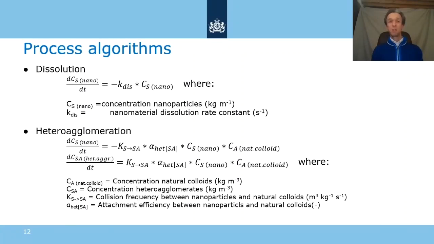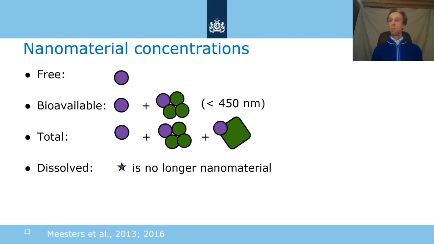These are two equations, one describing the change in concentration in time of the nanomaterial, or the change in concentration in time of the heteroagglomerate. Now, basically what the model describes are three different particulate concentrations: those of the nanomaterial, those of the natural heteroagglomerate with the nanomaterial attached smaller than 450 nanometers, which when you look at the bioavailable concentration as a cutoff of 450 nanometers would be the combination of the two.